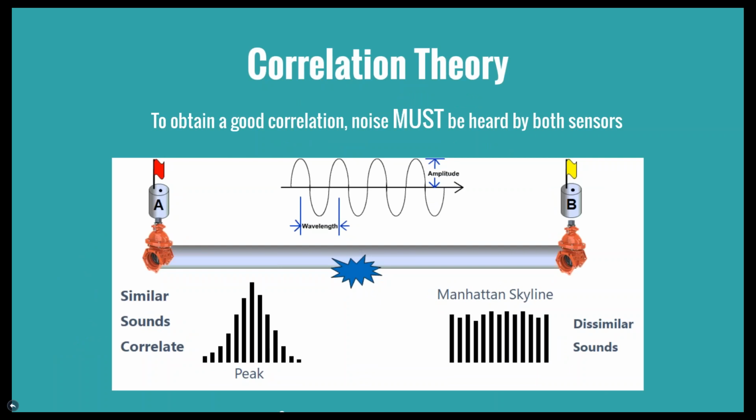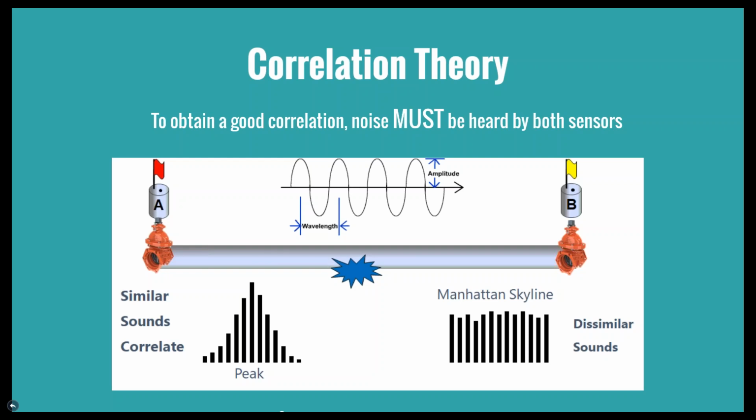So correlation. When you're doing a correlation, as I mentioned, there's correlators, which basically are surface mount sensors. As you can see, the graph on the left with the peak, that's a good sign. Most of the equipment nowadays has visual outputs when they do a correlation that show you the peak there and help identify, okay, that is a good noise, versus dissimilar sounds, which basically give you a continuous noise from one correlator to another.